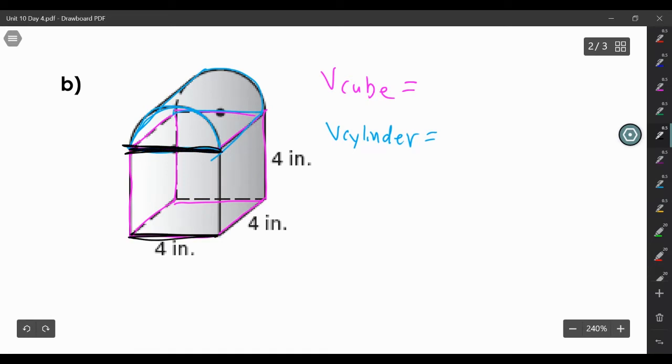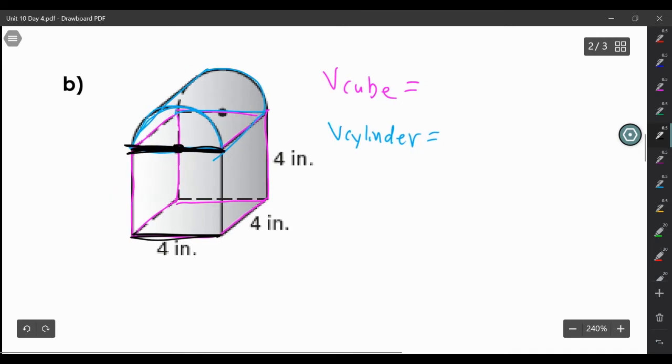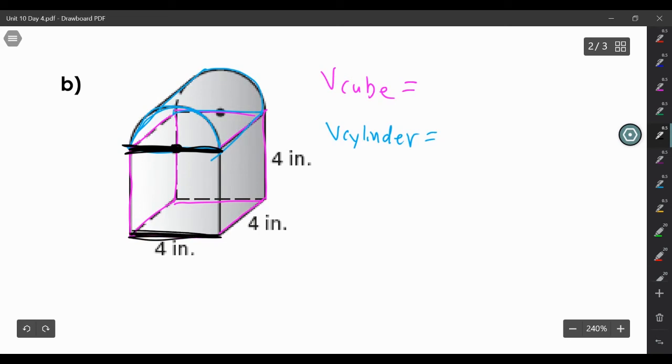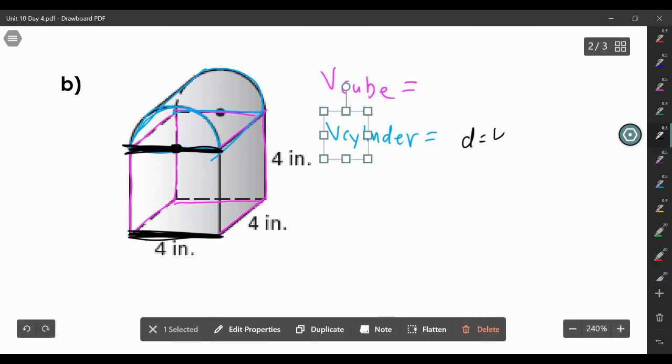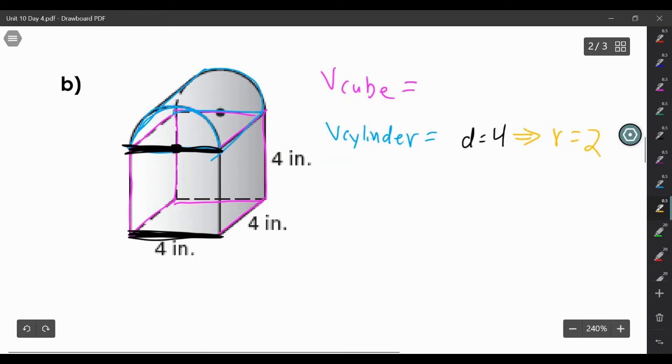That tells us the diameter of the cylinder is the same length as the side of the cube. So the diameter is 4, which means the radius is 2. Okay, so now that I've given you the radius, go ahead, pause the video, and figure out the volume of each of these shapes.